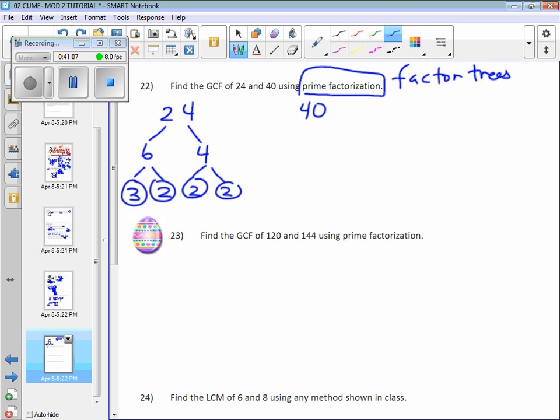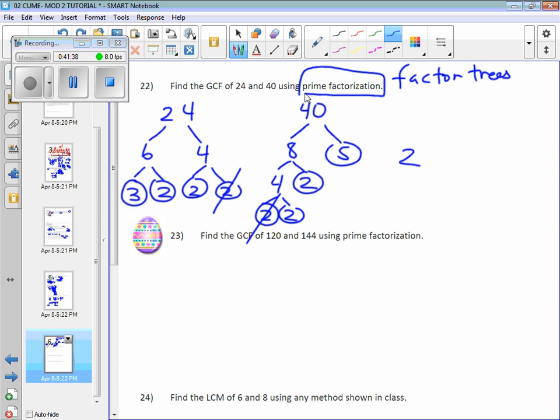Here comes 40. I'll start with 8 and 5, 5 being prime. 8 breaks down to factors of 4 and 2. 2 is prime. And then 2 and 2 for 4. Now here's how it works. You're looking for prime factors, numbers that we've circled that are common in both trees. When you see it, cross them out in each tree, but only list it once.